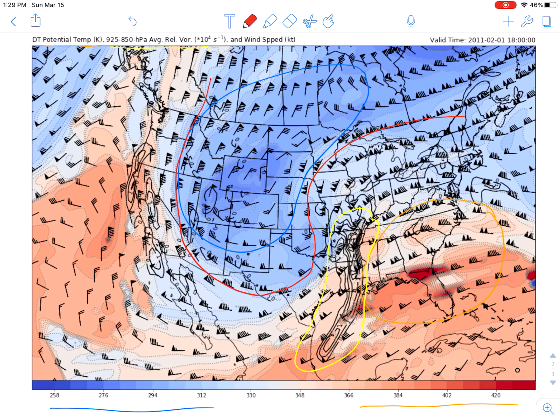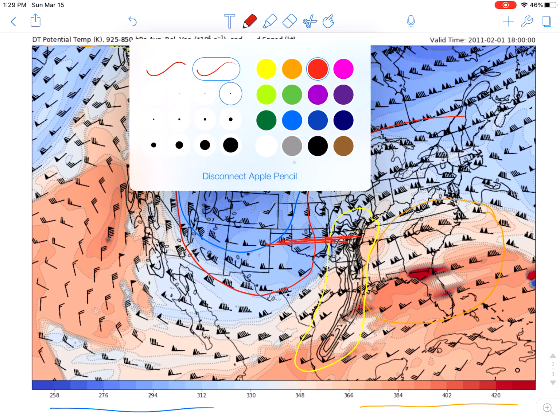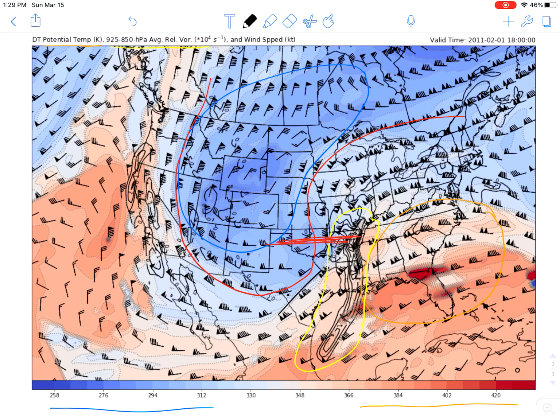And we can then visualize here a separation, a westward tilt with height, between where our low-level rotation is and where the axis of our trough is aloft, leading us to believe that there might be further development. Again, here our strongest winds are associated with where we see strong gradients in potential temperature.